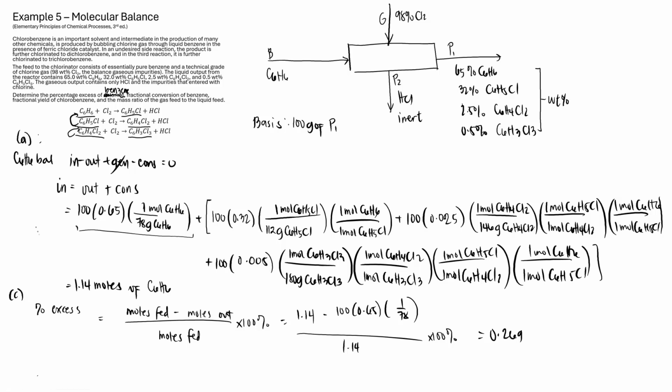Ah, no, this is for letter B. Because a percent excess is number of moles fed minus number of moles theoretical over number of moles theoretical. Right? Okay. So we need to find the number of theoretical moles.